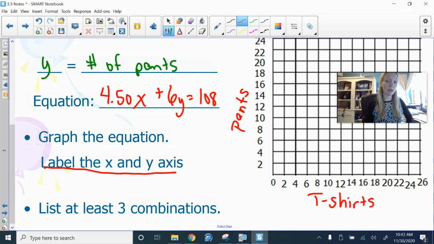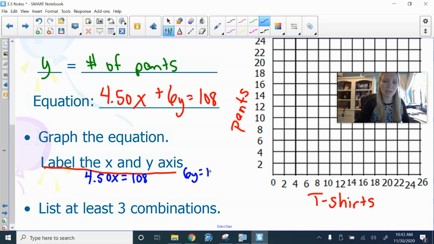So how could I graph this? Well, this is something you guys did also with that cut and paste, figuring out your intercepts. Remember where we were covering it up and then finding our x-intercept, and covering it up and finding our y-intercept? To find my x-intercept, I take 4.50x and set it equal to 108. The y basically just disappears on the intercept.